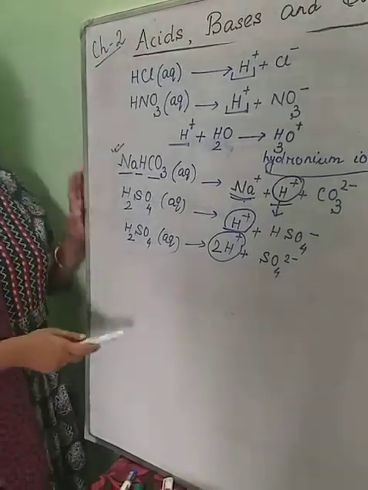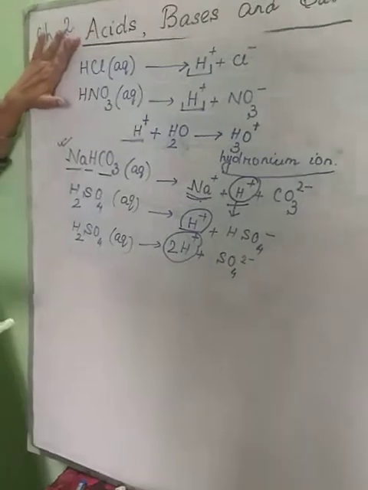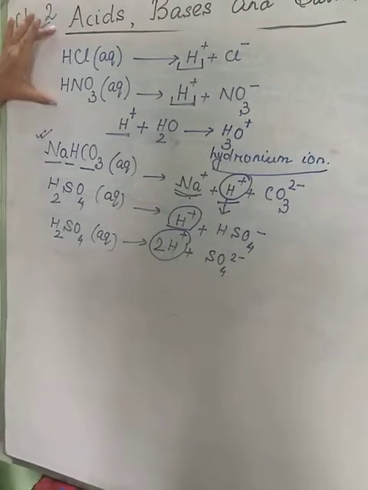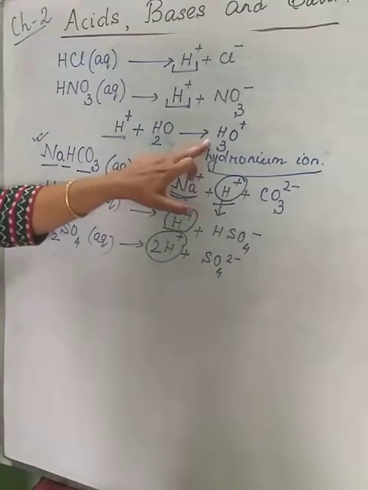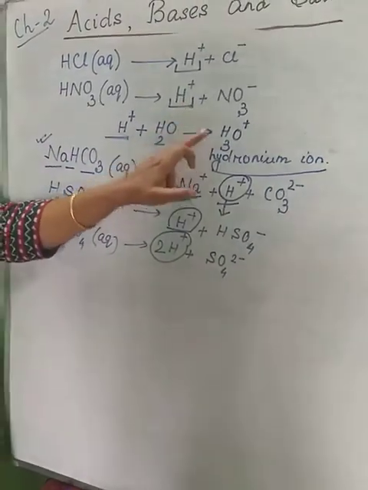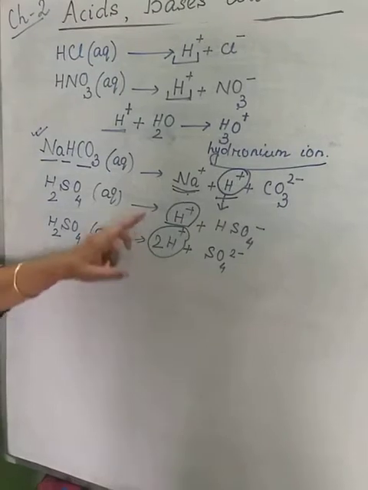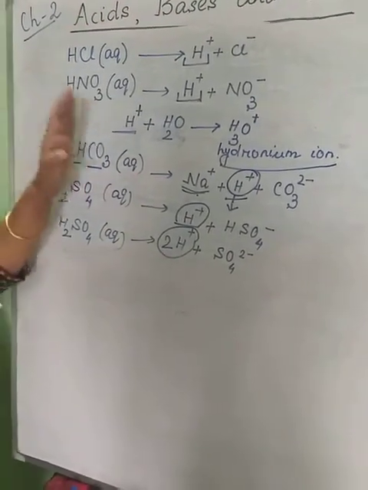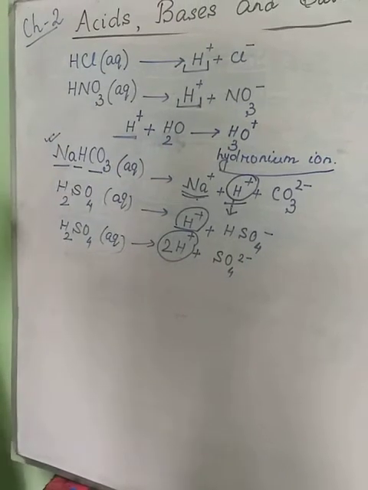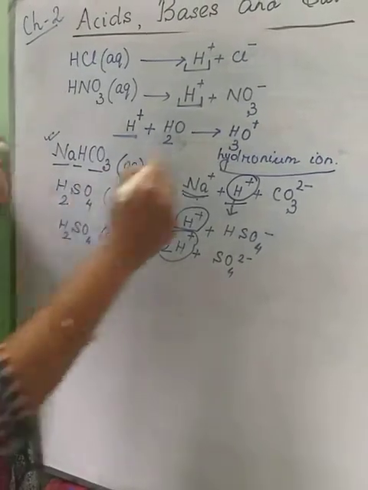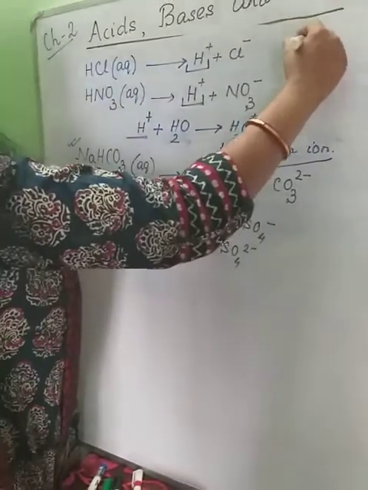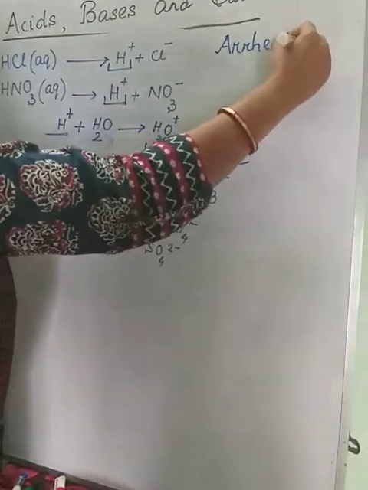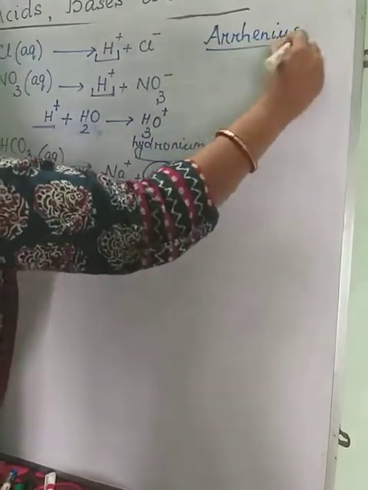I repeat, acids are the substances that are able to produce hydronium ion as the single positive ion or only positive ion in aqueous solution. This definition was given by a scientist called Arrhenius, and hence this theory is also known as Arrhenius theory.